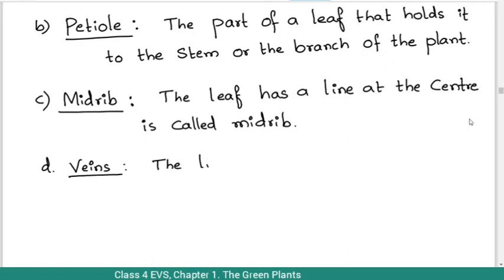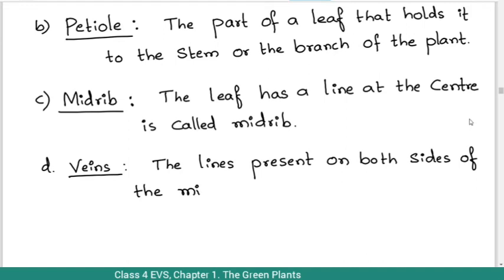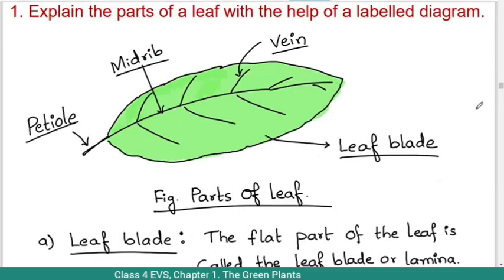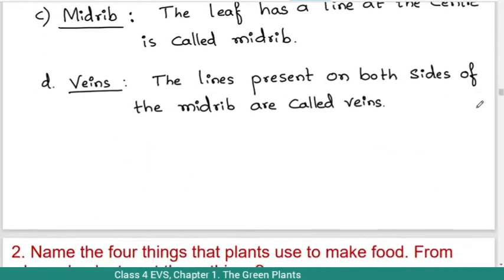These are the lines present on both sides of the midrib, and they are called veins. Flat part of the leaf is called leaf blade. Petiole is the part that holds the leaf to the stem. Midrib is the line at the center. Veins are the lines present on both sides of midrib.